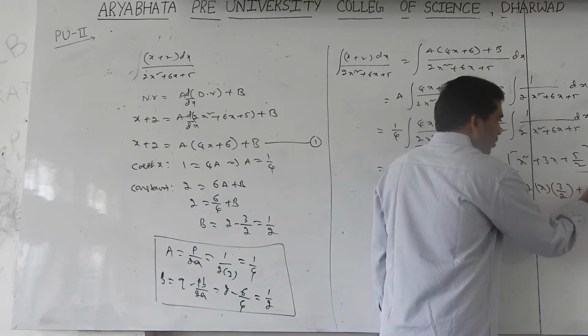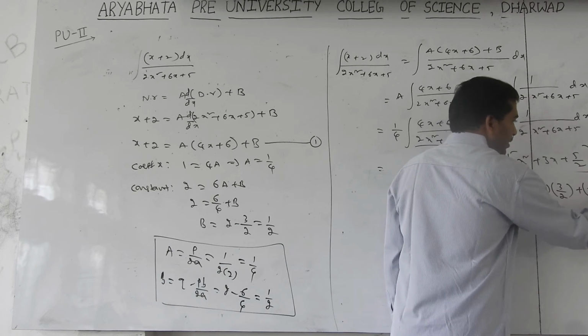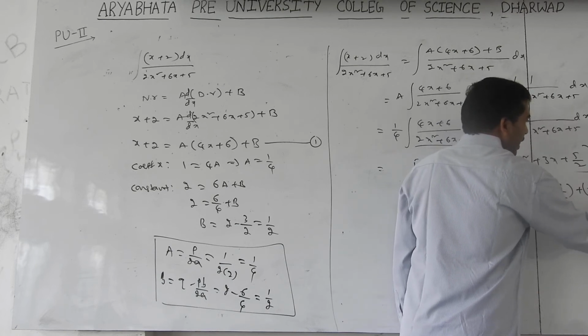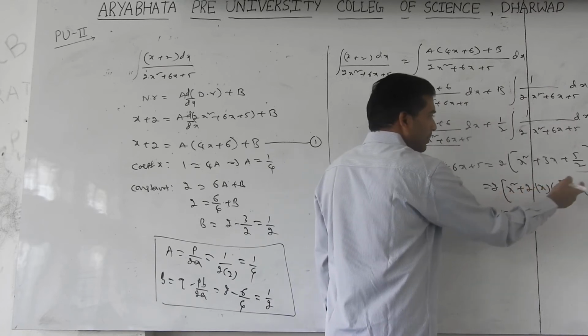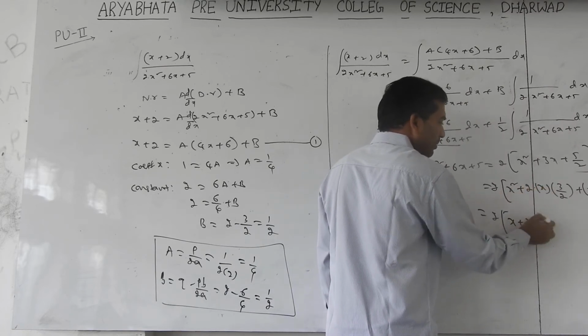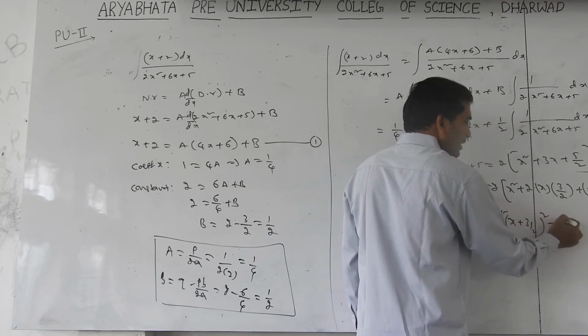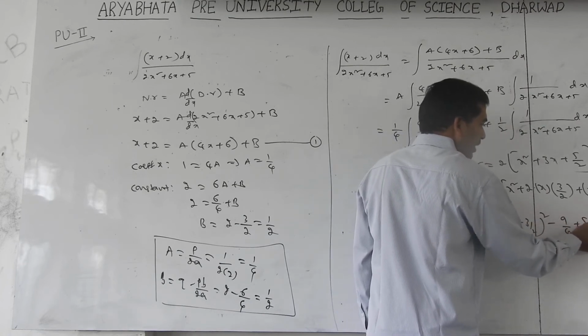Plus 3 by 2 whole square minus 3 by 2 whole square plus 5 by 2. So 2 into x plus 3 by 2 whole square minus 9 by 4 plus 5 by 2.